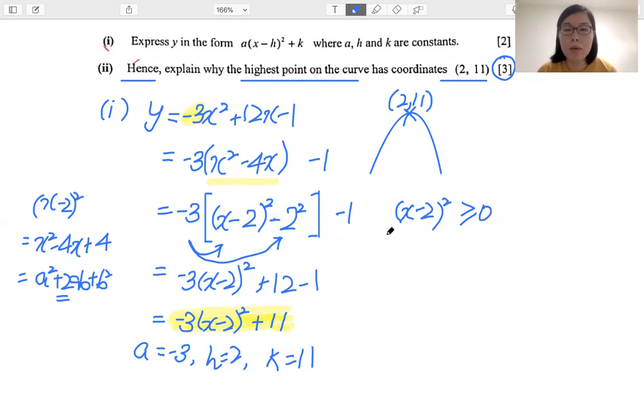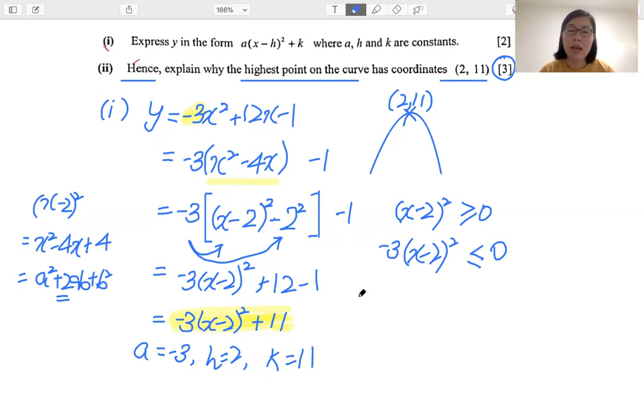Now, how about -3 x minus 2 whole thing squared? If you know that your square term is going to be more than or equals to 0, you know that this with this -3 coming into the picture, it's going to be a negative term. Okay, so it's less than equals to 0.